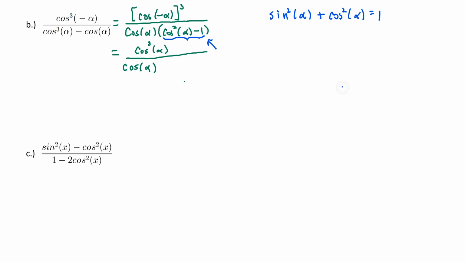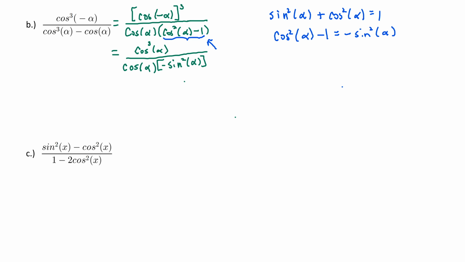To do that, I need to subtract 1 from both sides of the equation and subtract sine squared from both sides of the equation. So we can see now that we can replace cosine squared of alpha minus 1 with its equivalent negative sine squared of alpha.